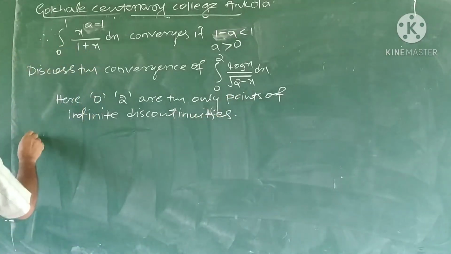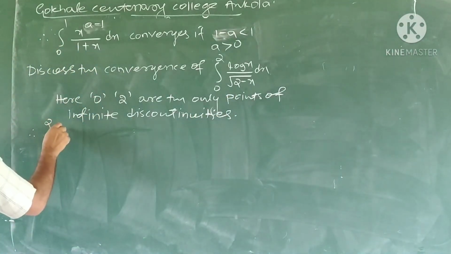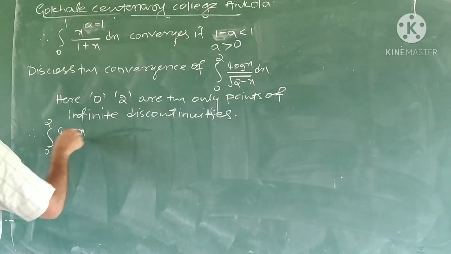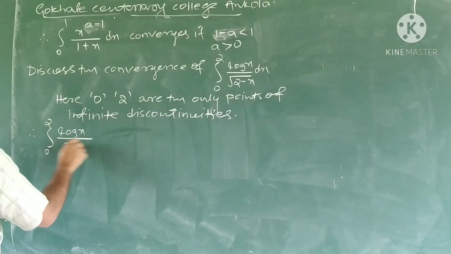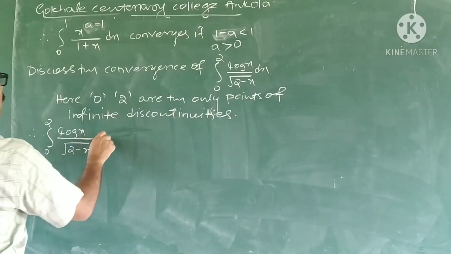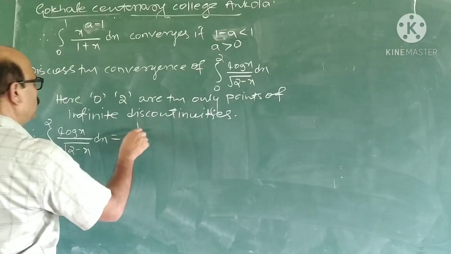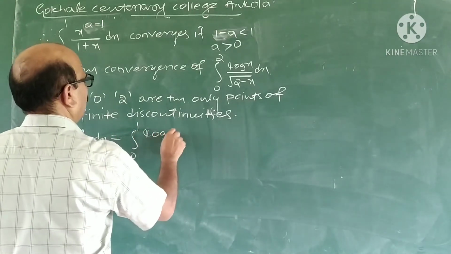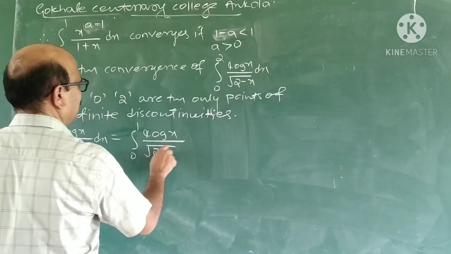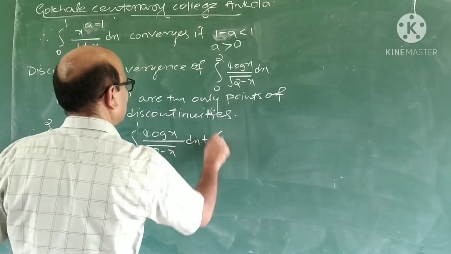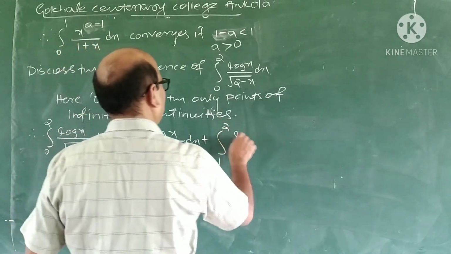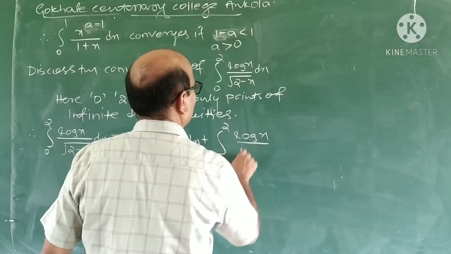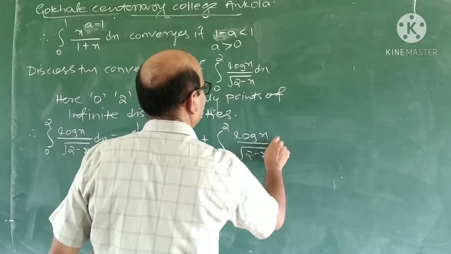0 and 2. Therefore, we write the integral from 0 to 2 of log x upon root of 2 minus x as the integral from 0 to 1 of log x upon root of 2 minus x plus the integral from 1 to 2 of log x upon root of 2 minus x dx.